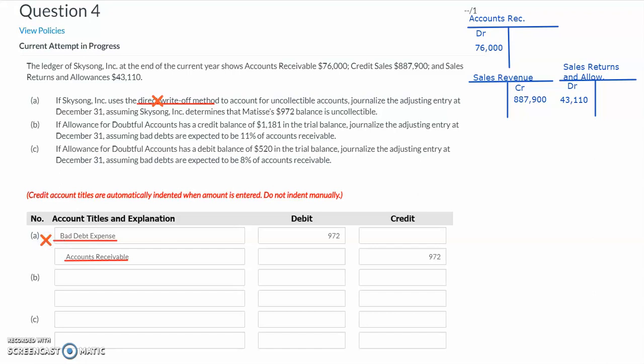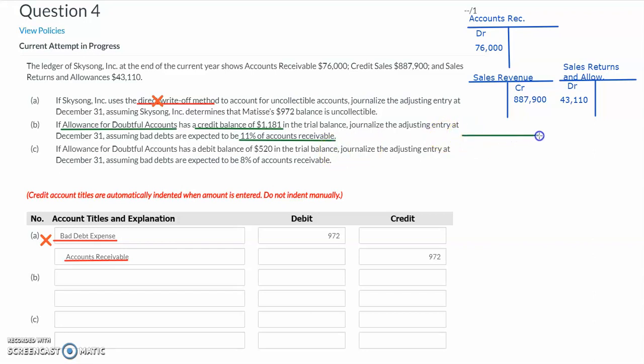In scenario B, we are provided with our allowance for doubtful accounts. And in this example, there is a remaining credit balance of $1,181. And we need to record the adjusting journal entries, assuming bad debts are expected to be 11% of accounts receivable. So in this example, we use the percentage of receivables method.